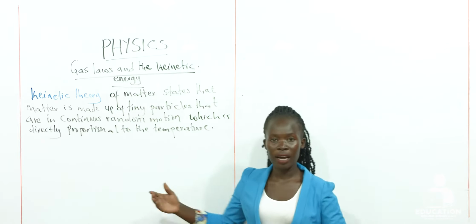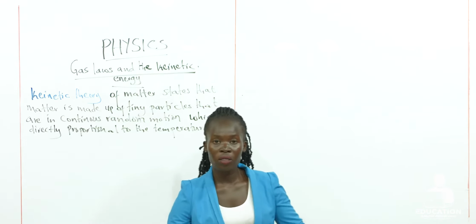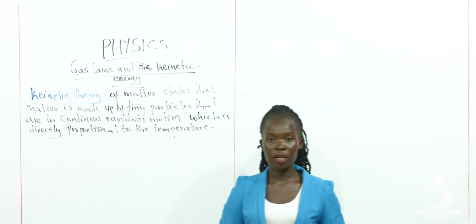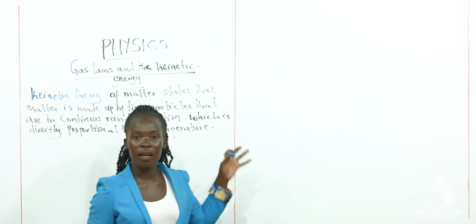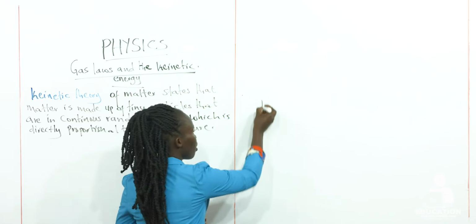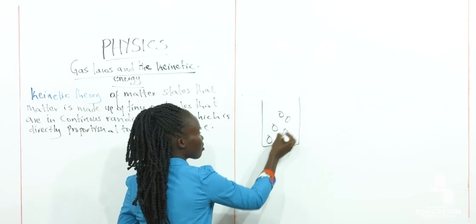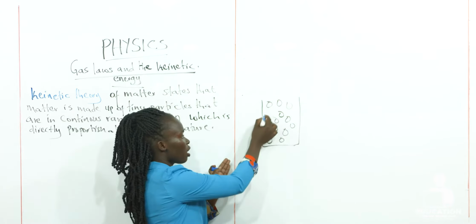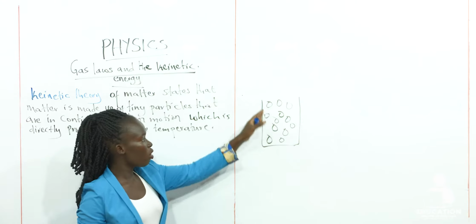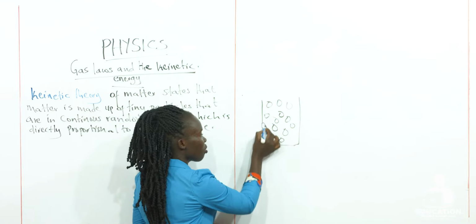When you look at the kinetic theory of matter, it considers that the molecules or the atoms of a body are elastic in nature. Why does it assume that these molecules are elastic? Because if we have these as our tiny molecules, when they come into contact with the wall of a container, they do not just remain and stick around the wall.